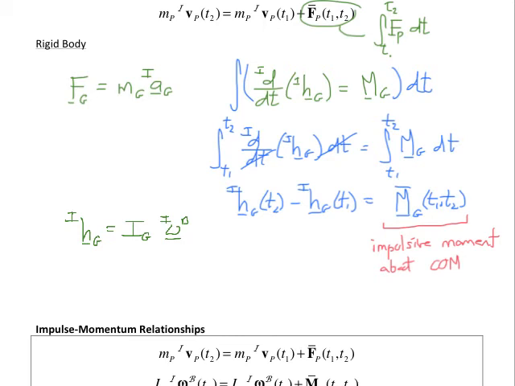So we can even rewrite this impulse expression as the angular momentum of the rigid body observed in the inertial reference frame at time 2 is equal to the angular momentum of the rigid body as observed in the inertial reference frame at time 1, plus 1 over the moment of inertia multiplied times the impulsive moment about the center of mass.